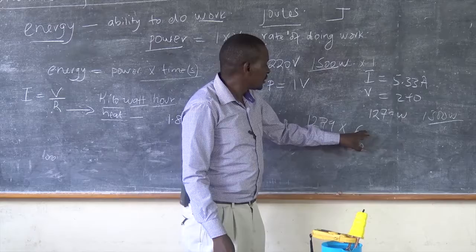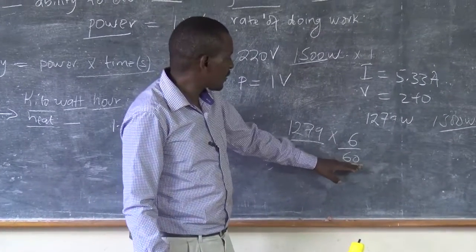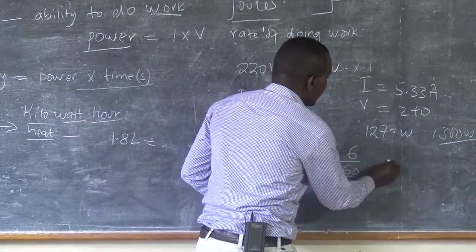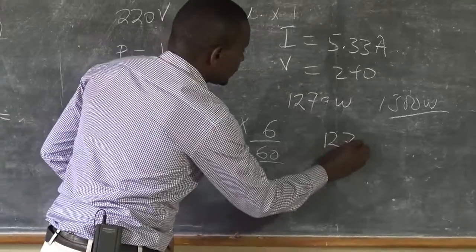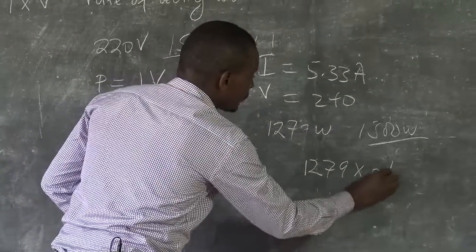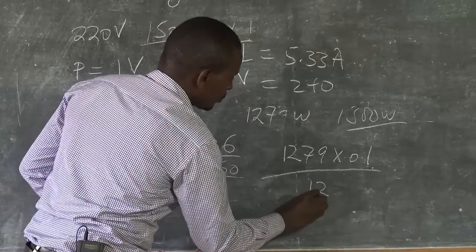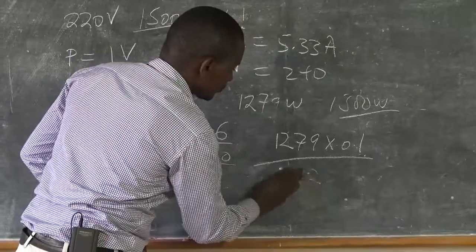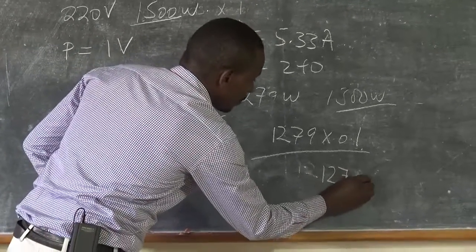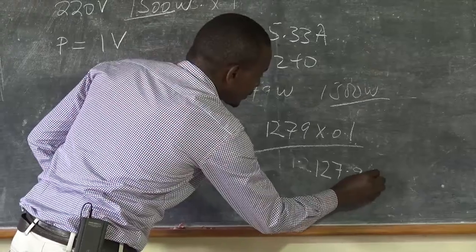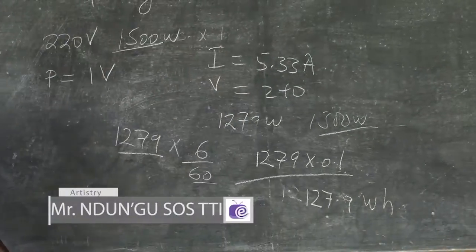Now we have used 6 minutes, and we are supposed to use hours, so we get 1279 times 0.1 hours, and we get 127.9 watt hours.